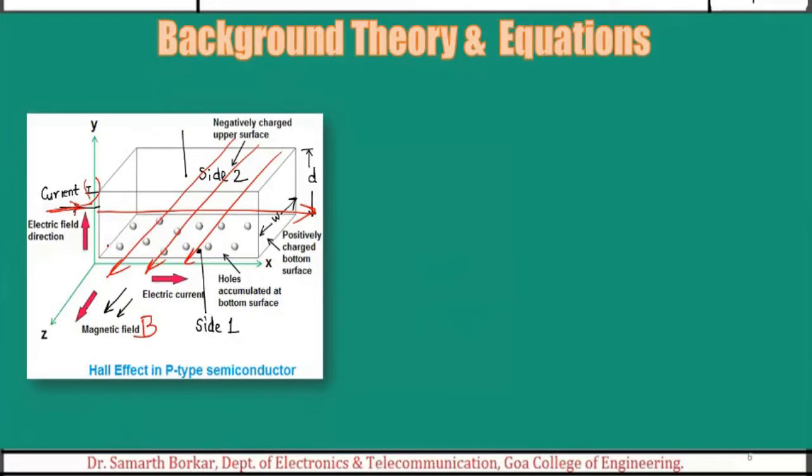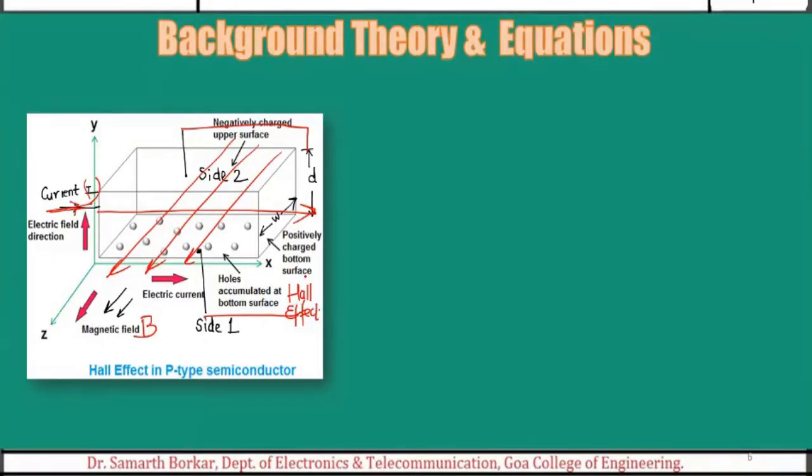Now, this phenomenon will result in a potential difference across these two ends, across these two plates. And this is what is referred to as the Hall effect, meaning a voltage will be generated across these two sides. Because from our elementary physics, electromagnetics, we know that if a current carrying conductor is placed in a transverse, that is a perpendicular magnetic field, then it will experience an electromagnetic force, isn't it?